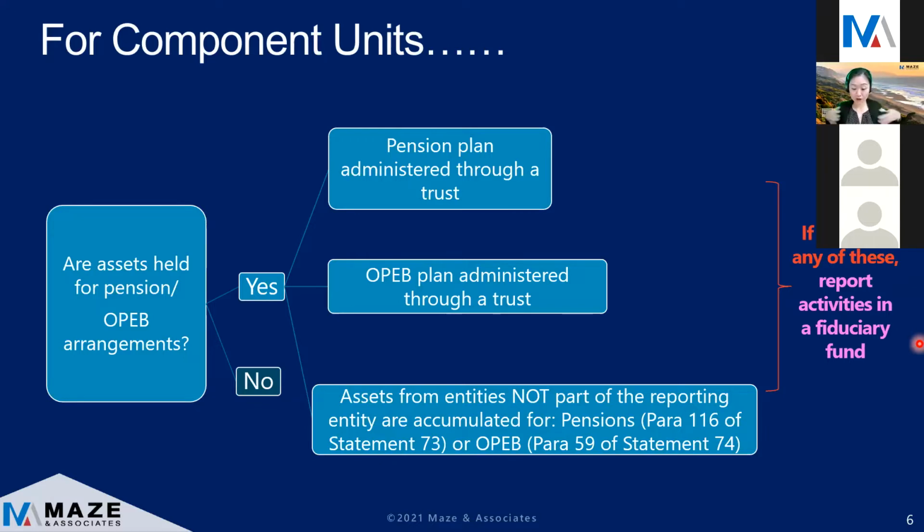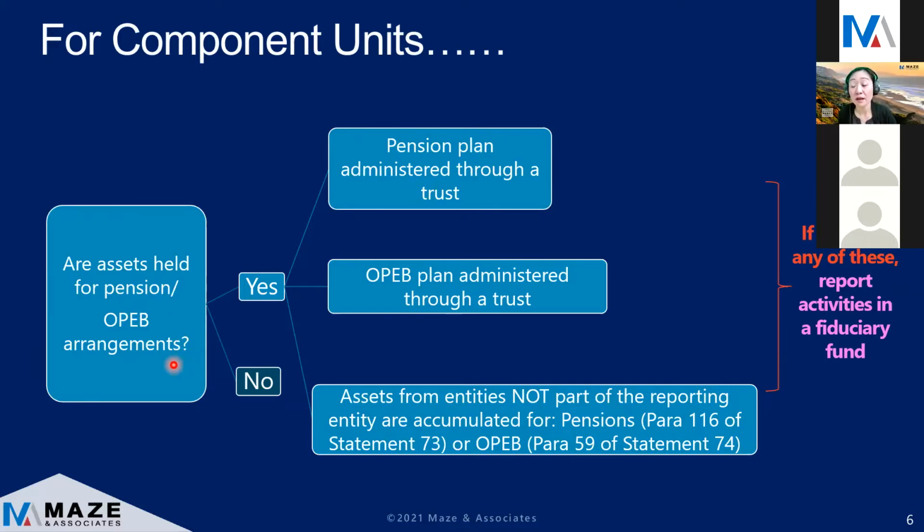So the first thing you need to do, when you have these activities and you're wondering if they should be fiduciary activities under 84, is ask yourself if they should be a component unit. So let's say you say, well, yeah, this is a component unit. Then the second question to ask yourself is, are the assets held for pension or OPEB obligations?